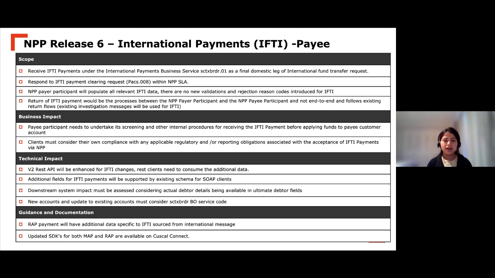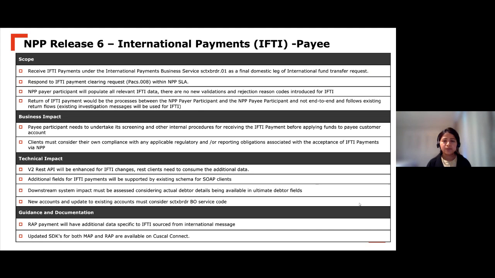Another impact would be from the downstream systems perspective. Clients need to assess the downstream system impact in terms of the debtor details, because the debtor details will be holding the actual NPP participant, maybe a business account or a suspense account, which they generally use for international fund transfers, and not the actual offshore debtor details.